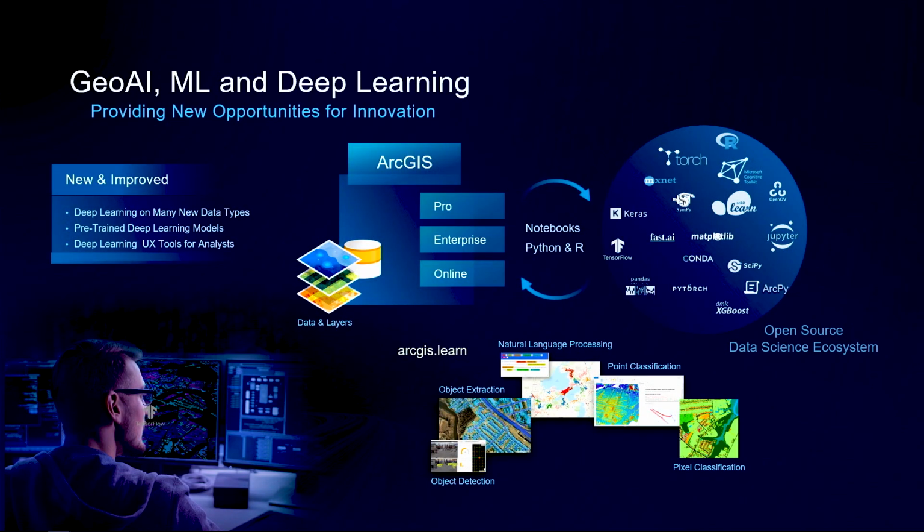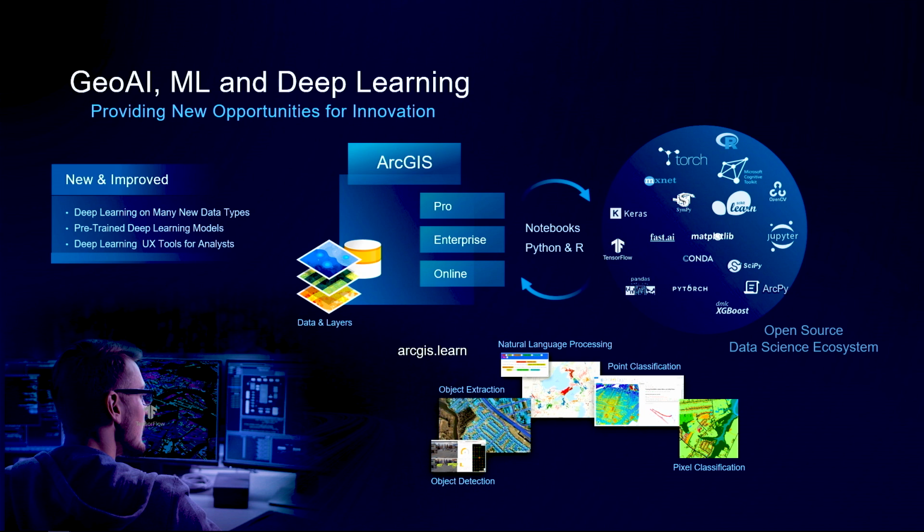GeoAI, based on machine learning and deep learning, is of great interest. There have been rapid advances in the integration of deep learning into ArcGIS in numerous areas, including for information extraction from images, from 3D point clouds, or from unstructured text.